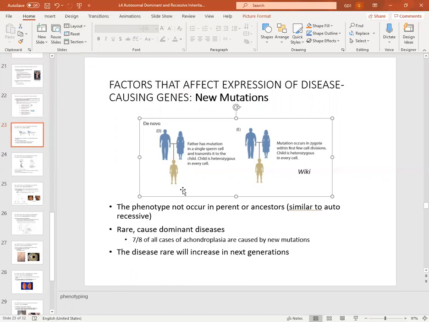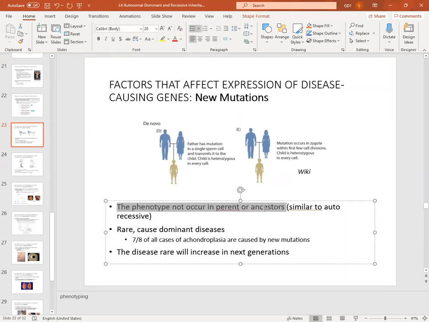That can make us quite confused with autosomal recessive, right? In autosomal recessive, the parents also don't have the phenotype, but the baby has it. They have a skipped-generation expression, so the phenotype does not occur in the parents or ancestors. And one of the characteristics is that it is rare.